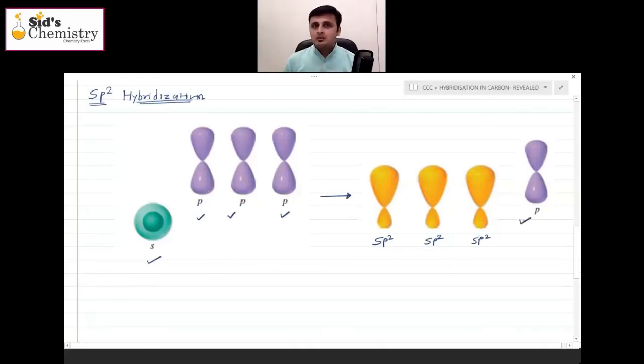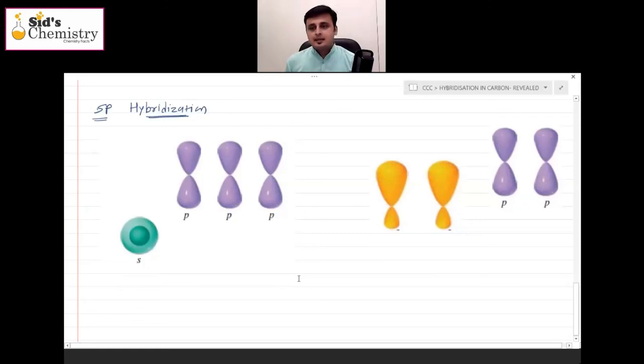When bond formation comes into the picture, all the sp2 hybridized orbitals can form sigma bonds, and the one p orbital which remains unhybridized can form a pi bond. This is how bonding takes place in sp2 hybridization. Such hybridization is seen in alkenes, where a double bond is the minimum requirement between the two carbons, and it can be seen in many organic compounds around us.